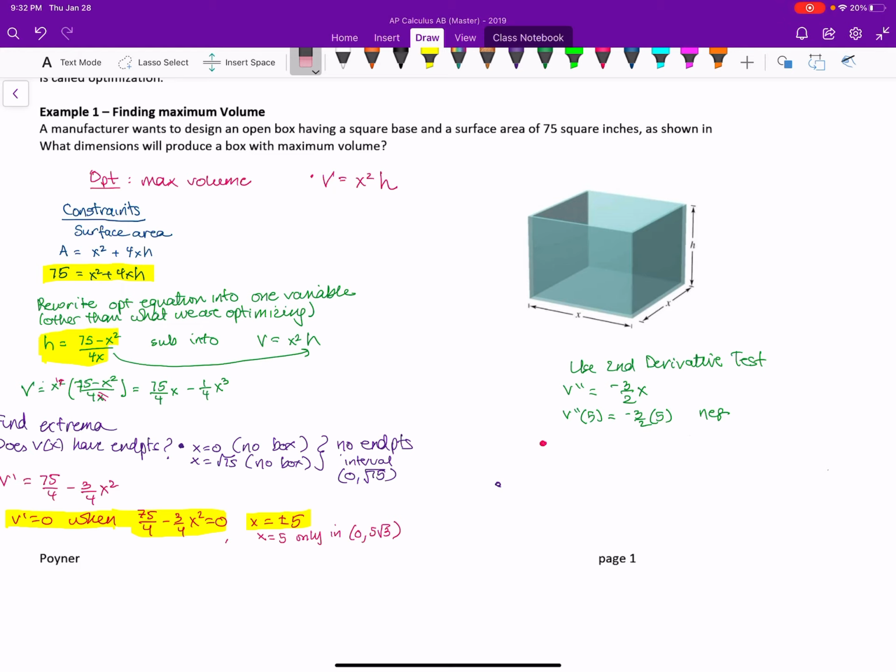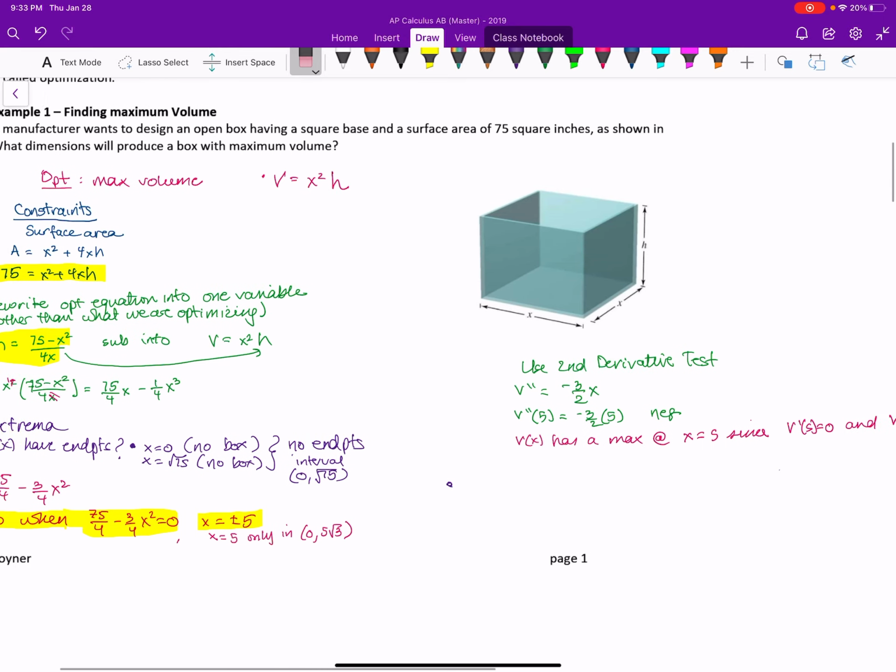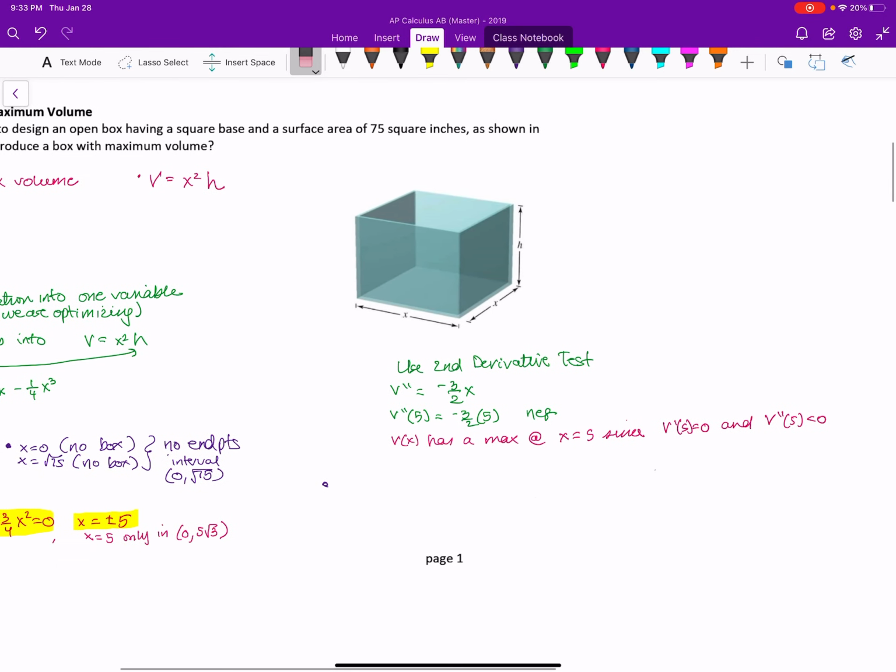And if the function is concave down there, it's going to have a relative maximum at that point. So that's what we can conclude here. V of x has a maximum at x equal to 5 since V prime of 5 is equal to 0. So the first derivative is equal to 0, but the second derivative is negative. So that would be my justification there.